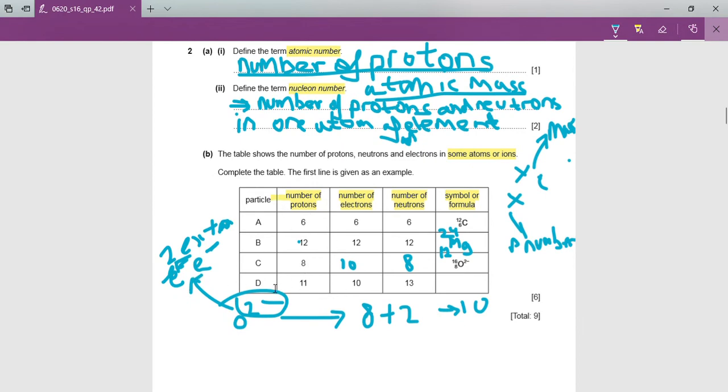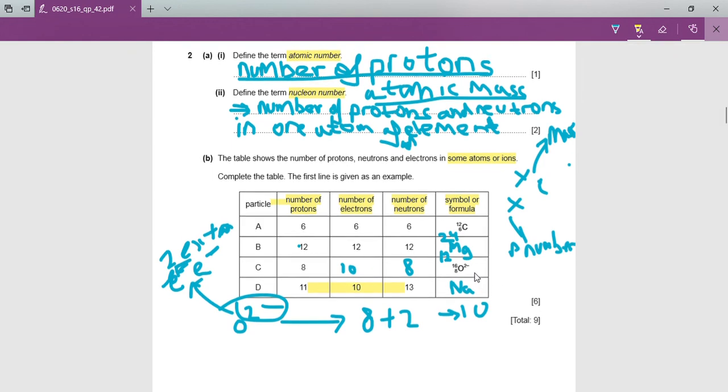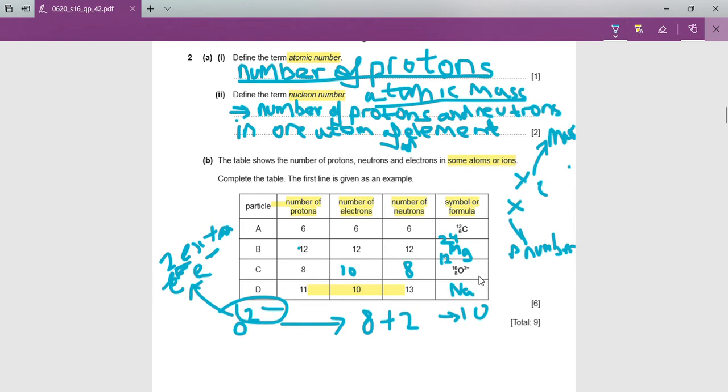Particle D, sorry. The number of protons in this is 11. Looking at the periodic table, I believe that is sodium, Na. Now if you look closely, it says 10 electrons, which is not equal to 11. So you have 1 electron less. That means it is a plus ion. So it's an Na plus ion.